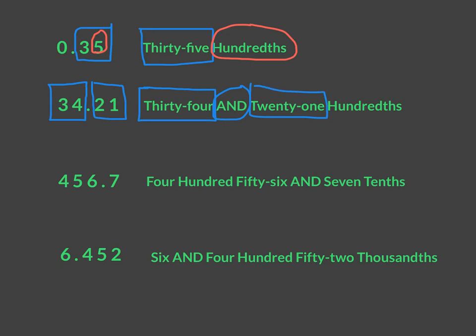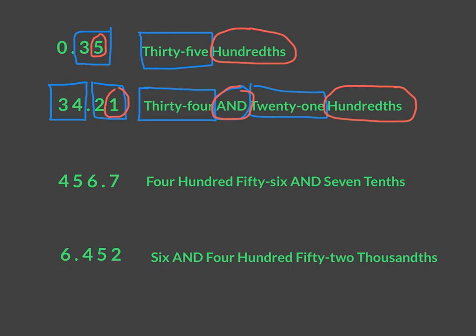Our final step is to look at the digit to the far right, which is the 1, and identify the place value that the 1 is in. Since the 2 is in the tenths place, the 1 is in the hundredths place. 34.21 read properly would be 34 and 21 hundredths.